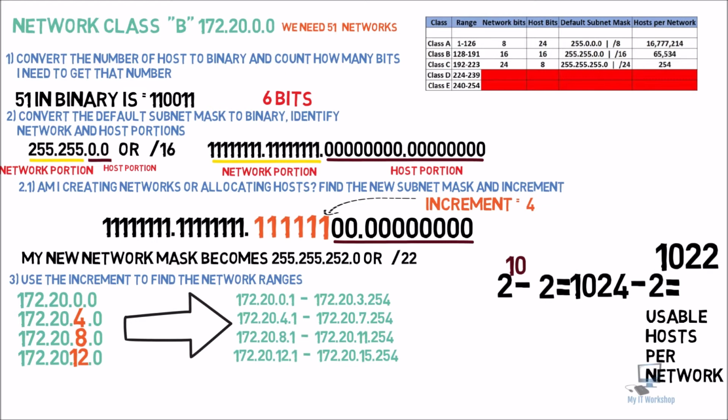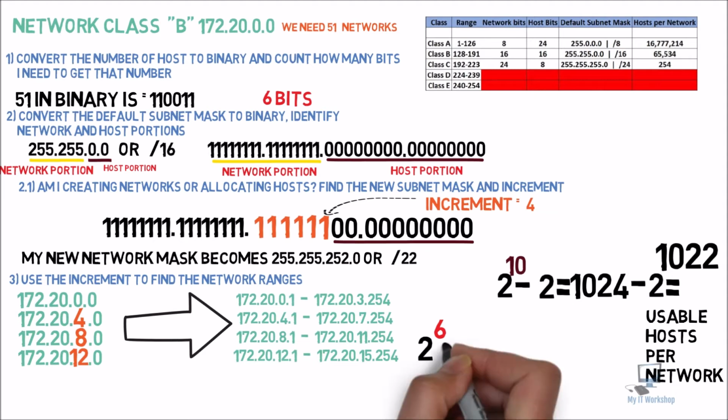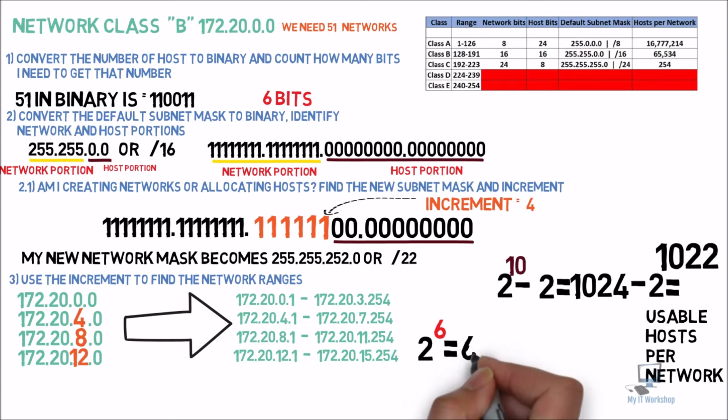The next step is going to be to find the number of networks for this example. So 2 to the power of 6 is going to be 64. So you can tell I have a lot of networks.